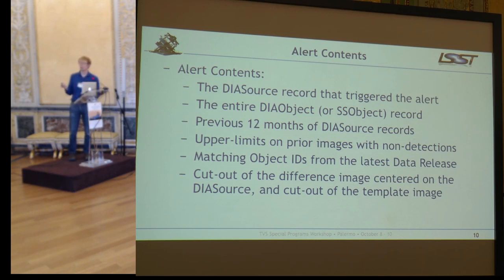We match to the objects from the last data release. A lot of times, again, just using supernovae as an example, you want to know, is this sitting in the middle of a giant red elliptical galaxy, or is this in the middle of nowhere, or is this sitting in some spiral arm of a blue galaxy? So we'll do that cross-match so you know exactly what object in the data release you want to think about that association with.